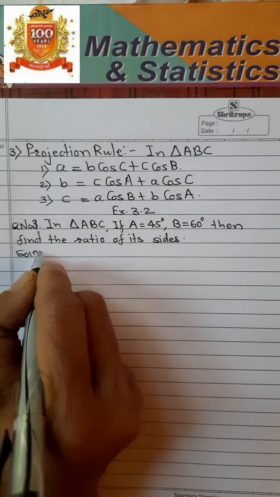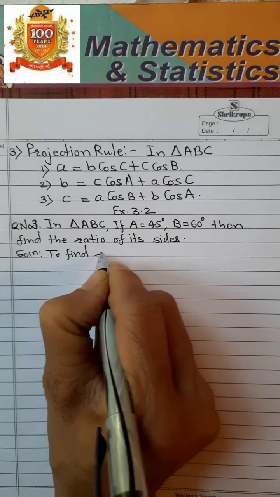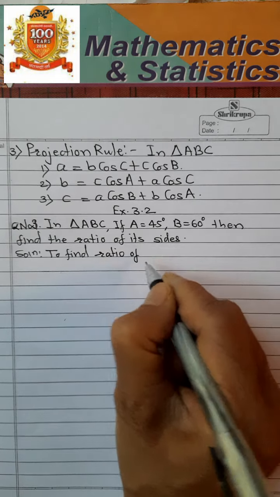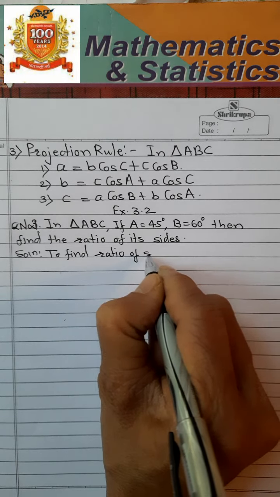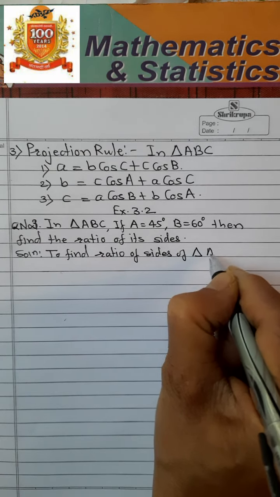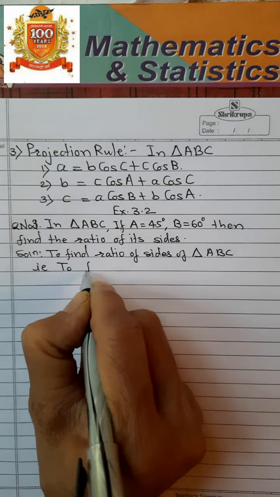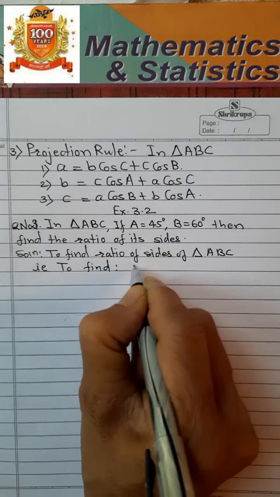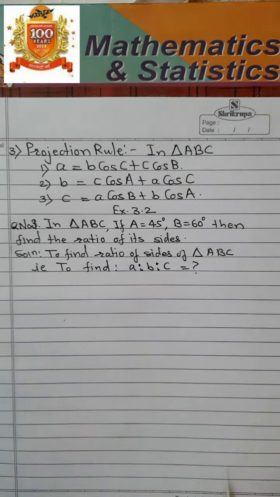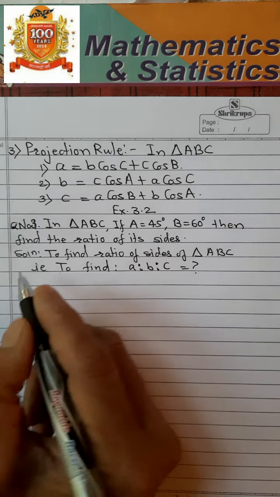Solution: to find ratio of sides of triangle ABC, that is to find a is to b is to c is equal to question mark. That we are going to find in this sum.